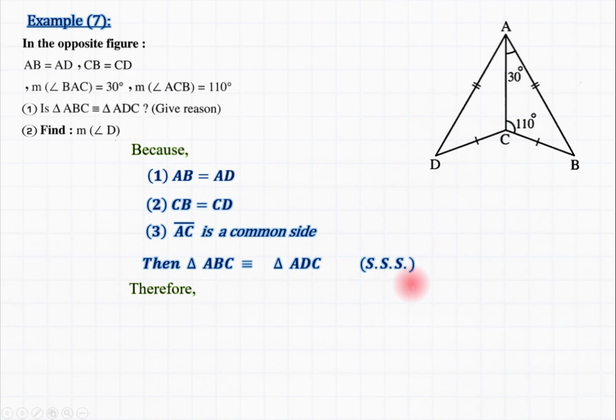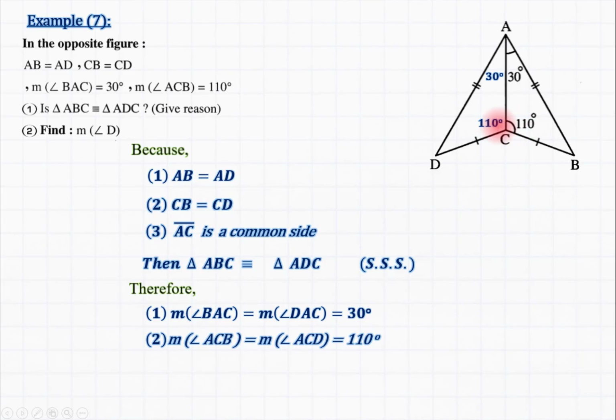From the congruence, therefore measure of angle BAC equals measure of angle DAC equals 30 degrees, and measure of angle ACB equals measure of angle ACD equals 110 degrees. Therefore measure of angle D will equal measure of angle B equals 180 minus 30 plus 110, which equals 40 degrees.